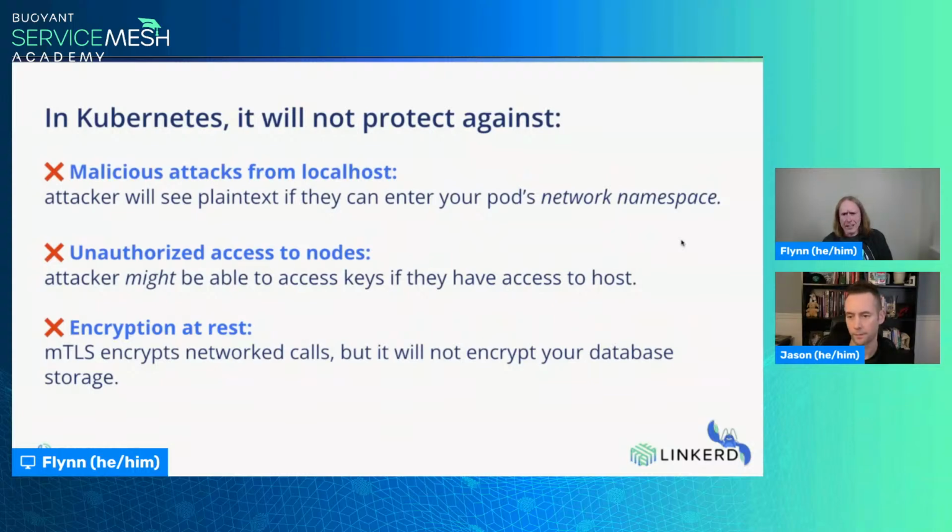There's not a lot that Kubernetes or mTLS can do to prevent this particular behavior. It has to do with the way the network topologies and the network drivers work within Kubernetes itself.